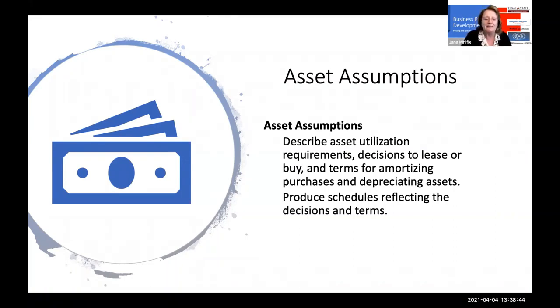So looking at your assets, how are you going to be using those assets and how are they being used in the business? If they are used just sporadically, think about looking at the cost of leasing it and only leasing it when you need it versus actually buying the asset.